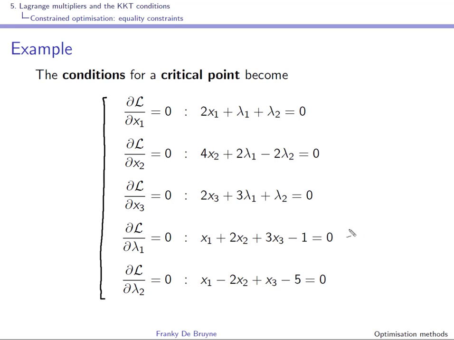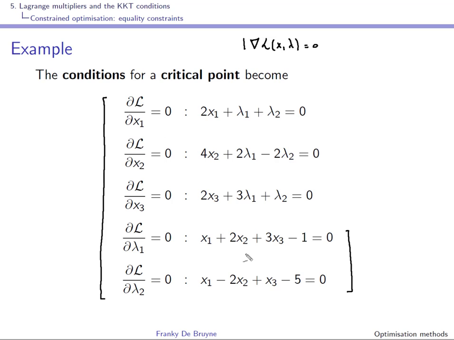As you can see, the two last equations simply are the linear constraints that we had in our original problem. These 5 conditions are equivalent to the gradient of the Lagrangian function is equal to 0, right?